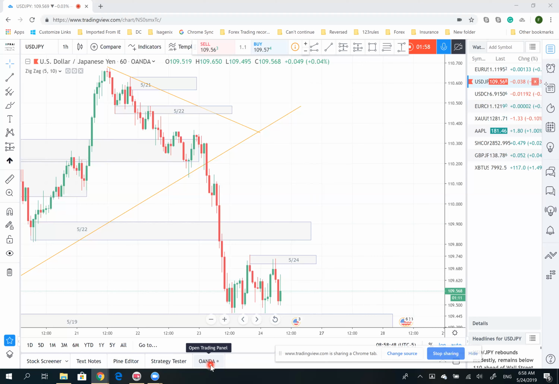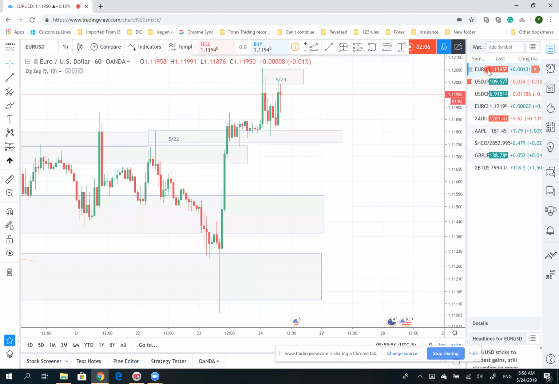All right. So this is USD JPY. I don't have an order yet. On Euro USD, I do place a sell limit at 1.12025.